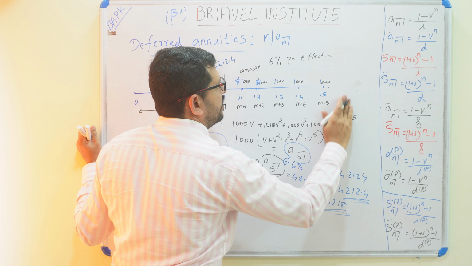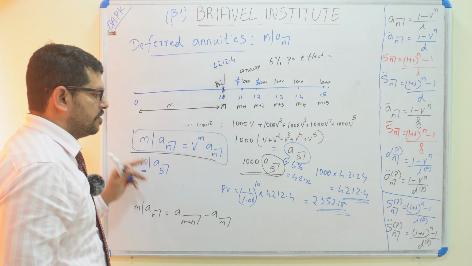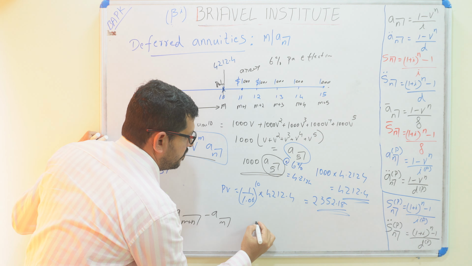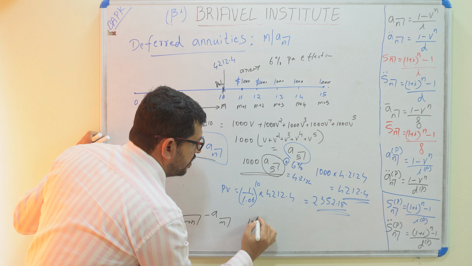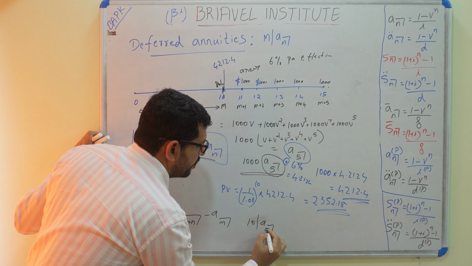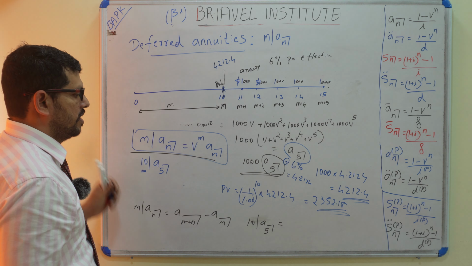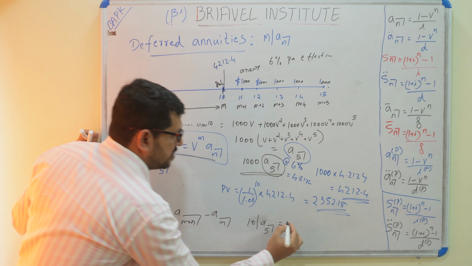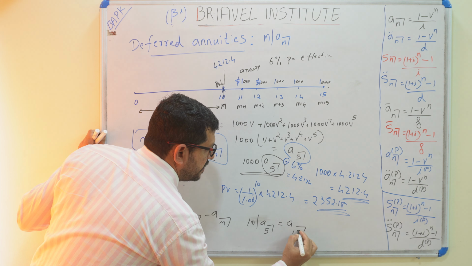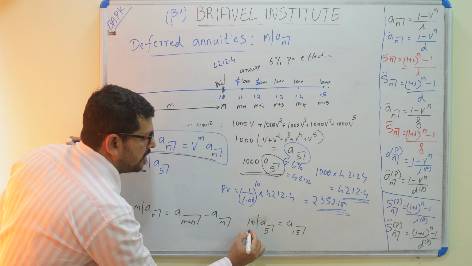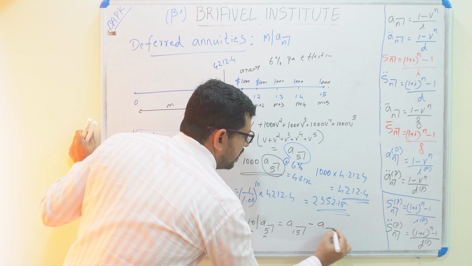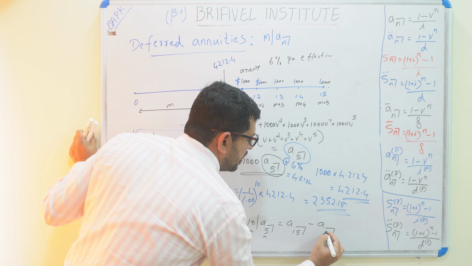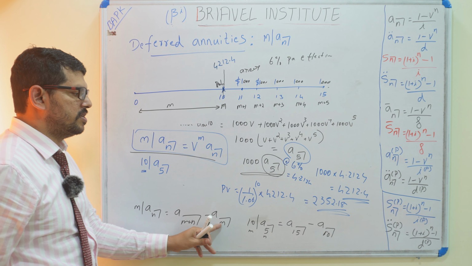We are taking only 5 years. So how to find this formula? m is a 10 year period, with a 5. So here, a 15, m plus n, where this is m and this is n. a 15 minus a 10. m is equal to 10.